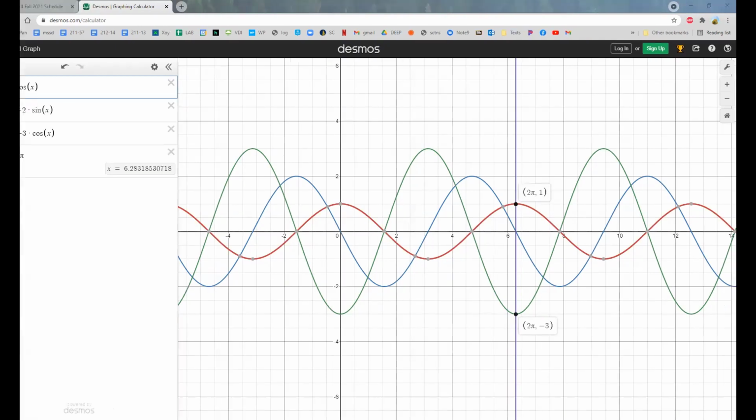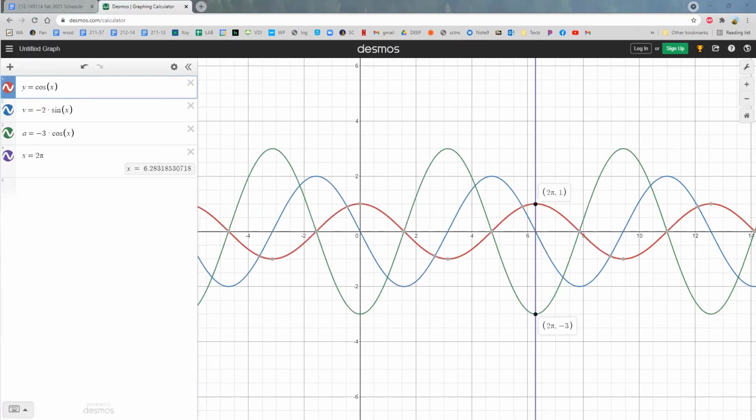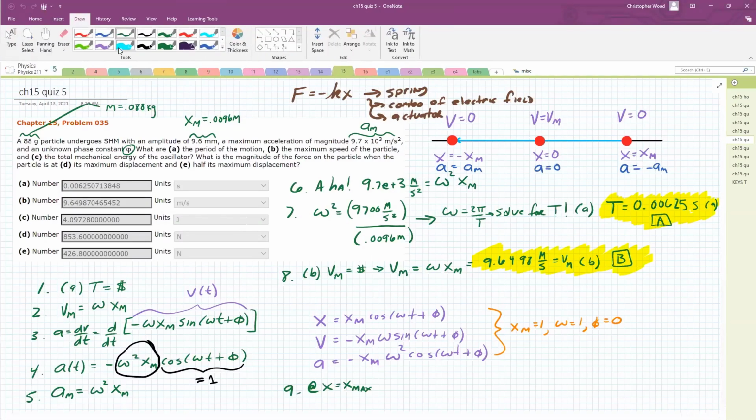And I need to start out my notes. Okay. So there. All right. At x equals x max, a equals a max. And you know what that means? Therefore, F equals ma.